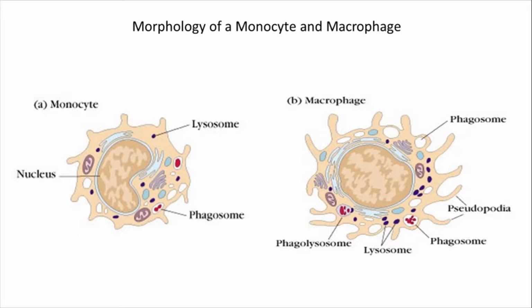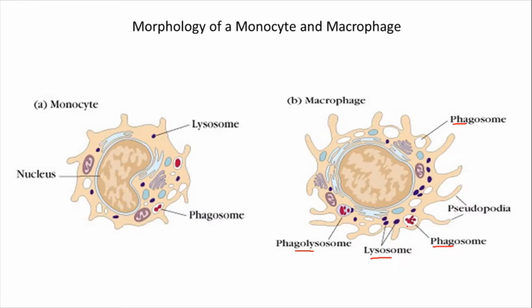The granules are otherwise called phagosomes, sometimes lysosomes. The fusion of lysosome and phagosome is called phagolysosome. So these are collectively called granules present in the macrophage.